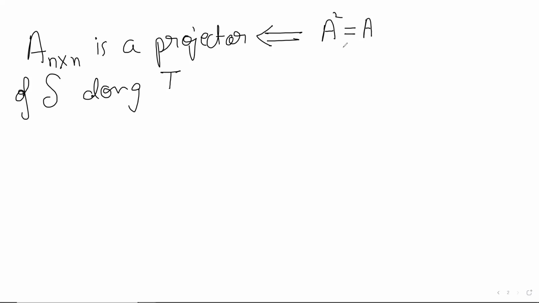So if this is the space, if this is T and this is S, you're taking a vector V and you're returning the S component. This is A of V. And if you take something in T, then that goes to 0. The shadow of that on S is 0. So T is going to be the vectors that are getting sent to 0.